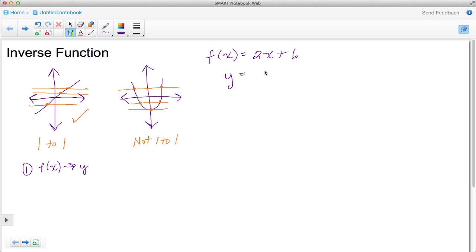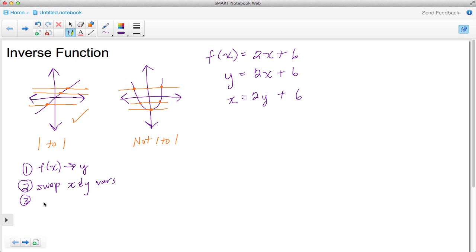So this here becomes y is equal to 2x plus 6. Second thing we need to do is to swap the x and y variables. So here this y becomes an x and this x becomes a y, and everything else stays in place.